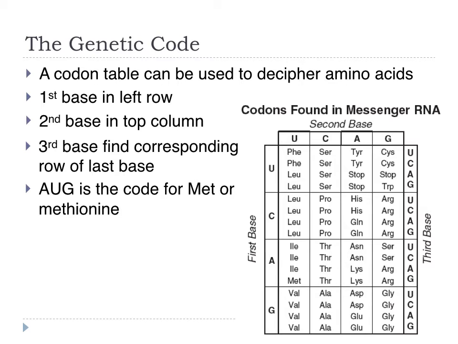So if we're looking for AUG, we start on the left, A, then we go up to the top and find the U, then we go to the right and find the G. You follow that over in that row back to the column where the U was, and that codes for methionine, or MET.